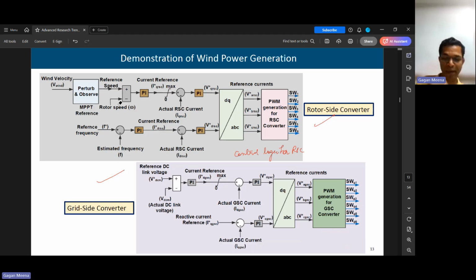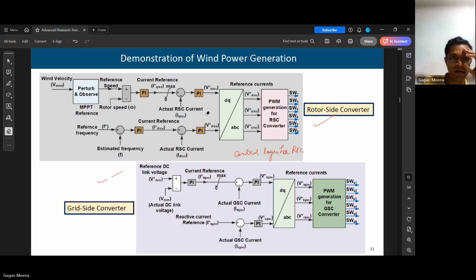In the rotor side converter, the MPPT algorithm is implemented, where the input is the wind velocity and it generates the reference speed which is compared with the rotor speed. This is used to generate the current reference, which is compared with the actual current to generate the voltage reference. This is done for the Q axis.